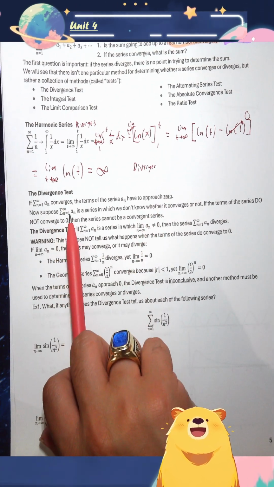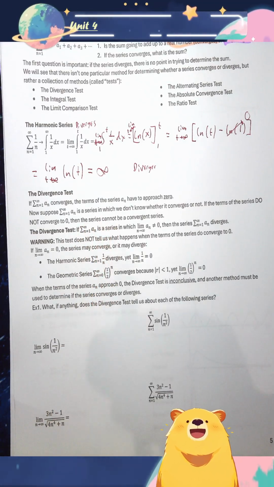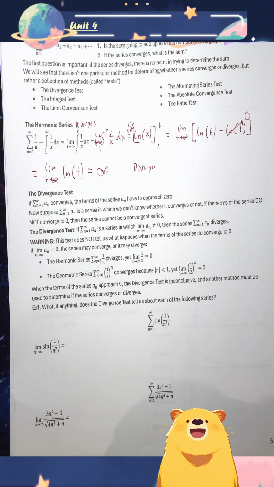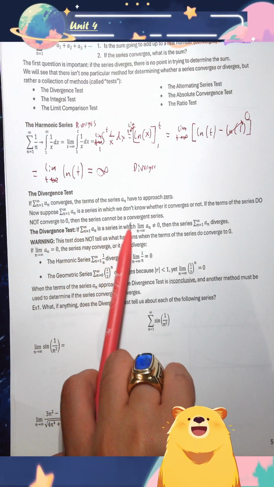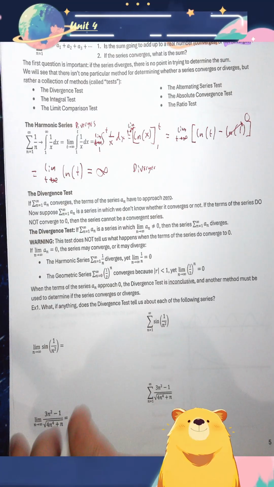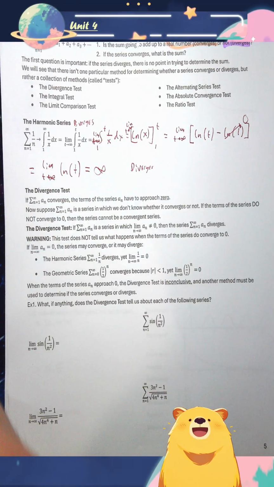Now suppose the sum of the series is a series in which we do not know whether it converges or not. If the terms of the series do not converge to 0, then the series cannot be a convergent series. Therefore, we have our first divergence test.